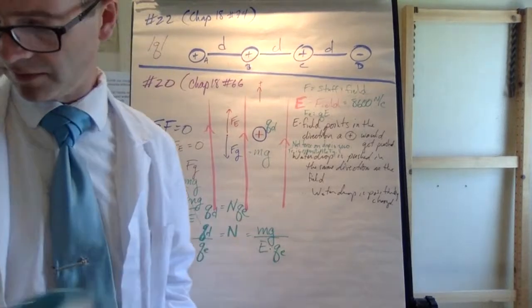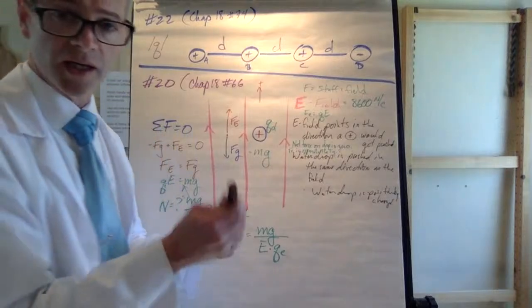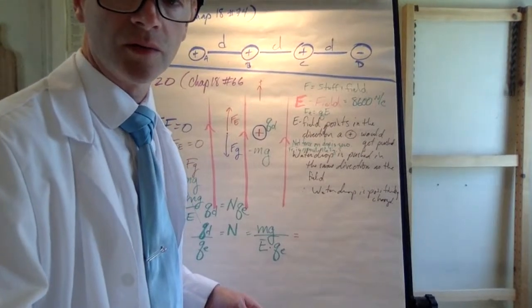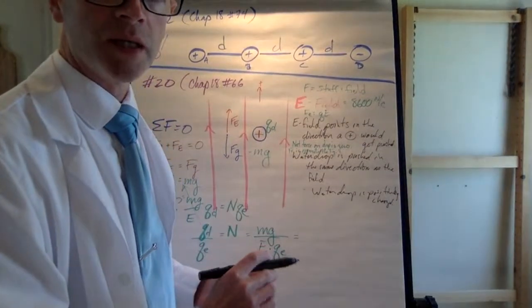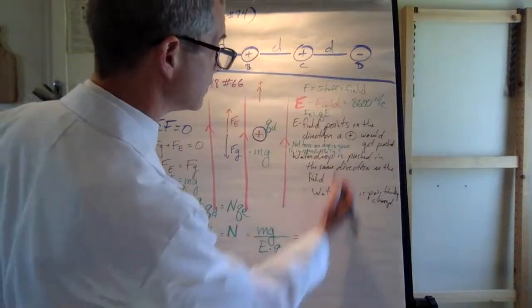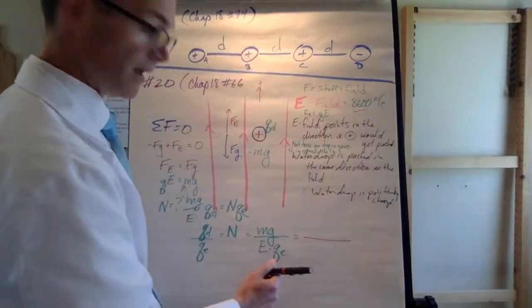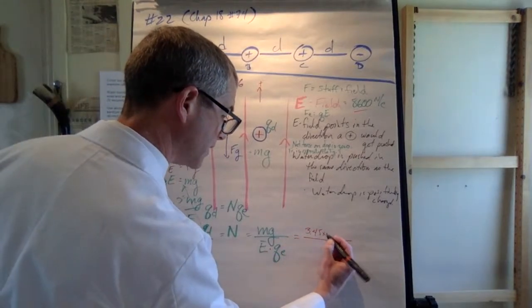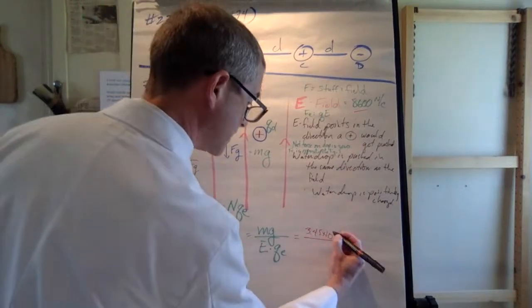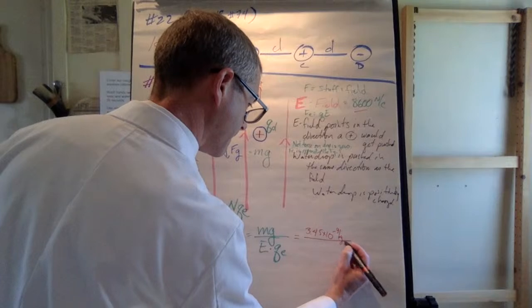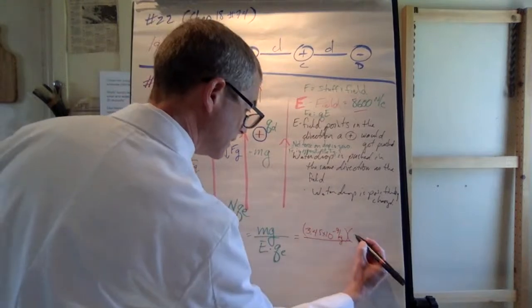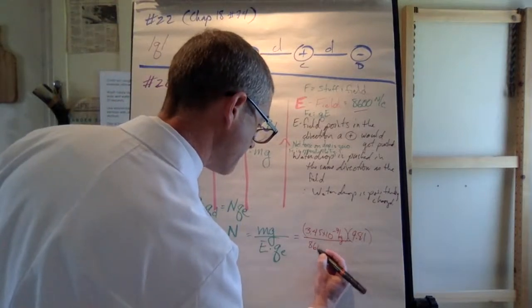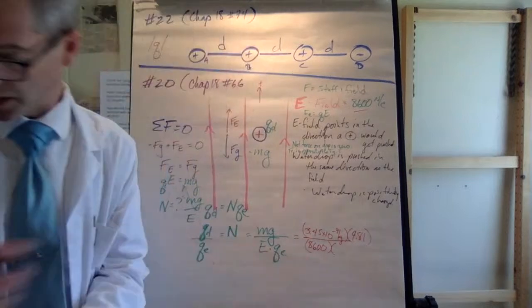Let me plug those numbers in for this one problem, just so you can get the idea of what is where, and then we'll close out. On my problem, the electric field's 8,600. Oh, it's right there. And the mass of my drop was 3.45 times 10 to the minus 9 kilograms. G is 9.81 because I'm feeling pedantic there. Then 8,600 times the charge of the electron.